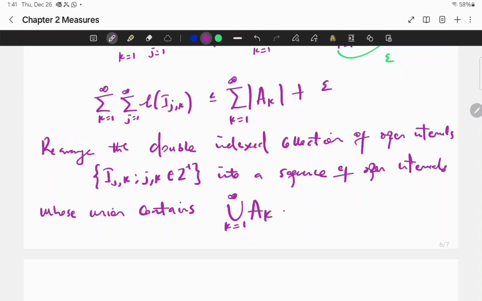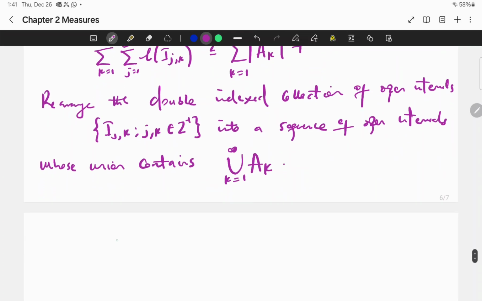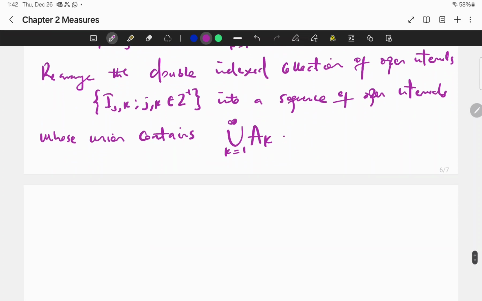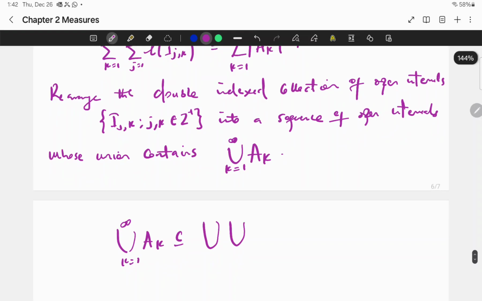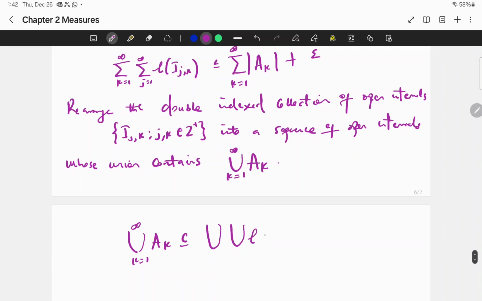So that means that our union of A_k, k equals 1 to infinity, is a subset of the union of I_{j,k}, j equals 1 to infinity, k equals 1 to infinity.